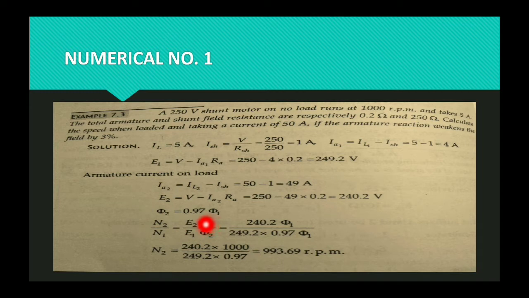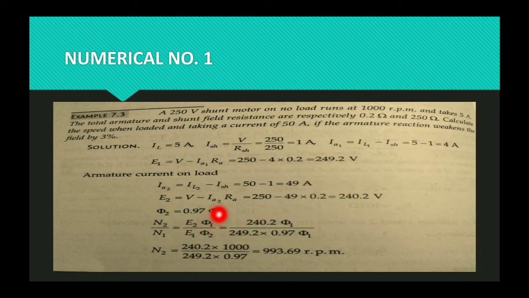That means phi 2, the field flux at the second condition, is 3% lower than the field flux at the first condition. So phi 2 equals 0.97 into phi 1. The 0.97 has come into account due to the 3% loss of field.